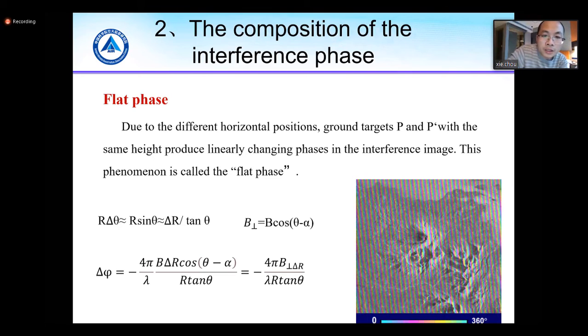Due to the different horizontal positions of the target P and the reference point P with the same height, a linear change of phase appears in interferograms. This formula is called the flat earth phase.